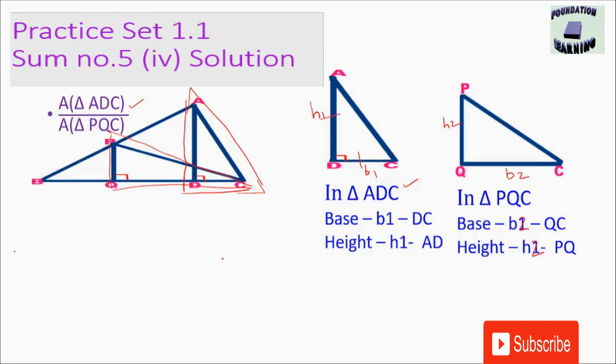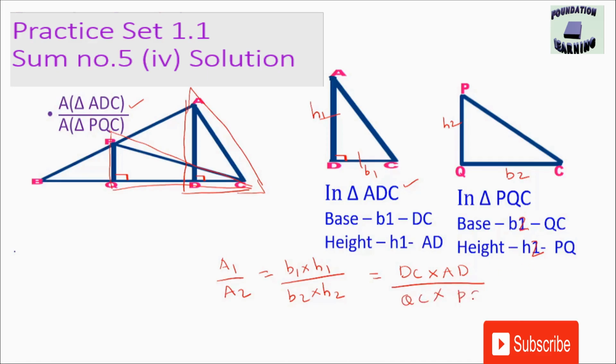Now what is the formula we will use? Since nothing is common, we will use A1 upon A2, the first property, B1 into H1 upon B2 into H2. What is B1? B1 is DC, H1 is AD, upon, what is B2? B2 is QC, what is H2?